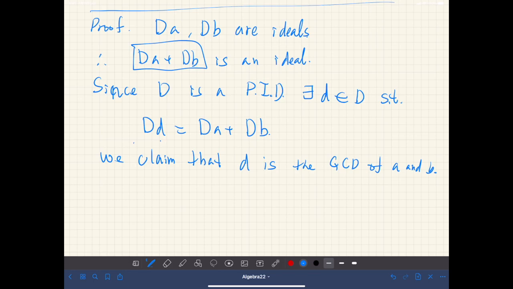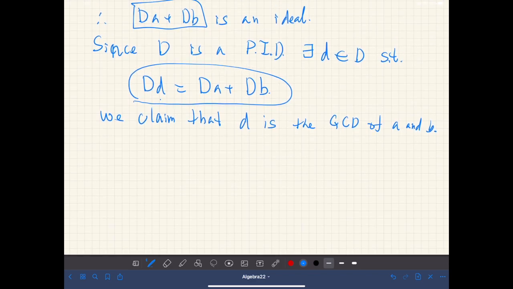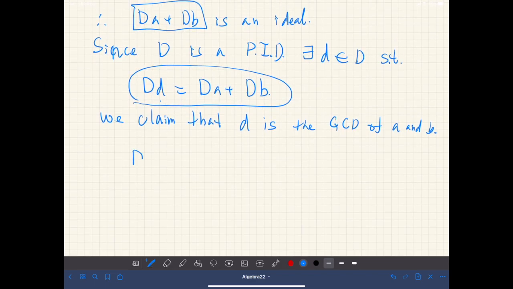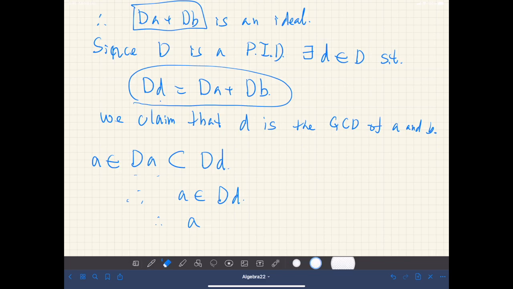First of all, because of this relation, we have (a) is a subset of (d). The element a belongs to (a), so this means a belongs to (d). So a can be expressed as some element x times d, for some x.